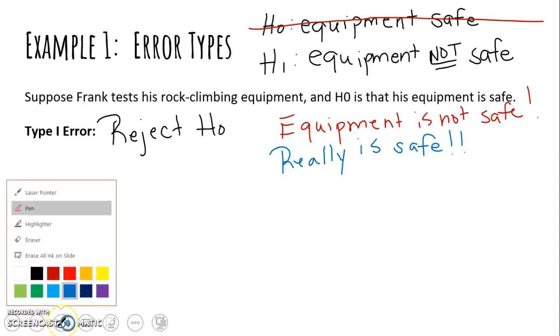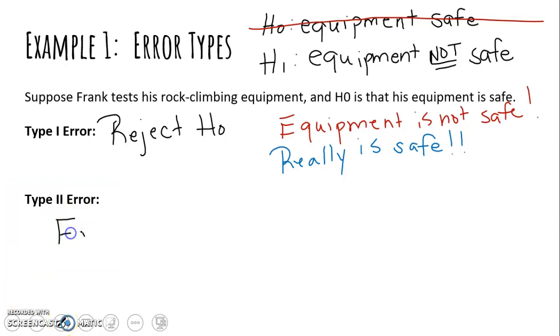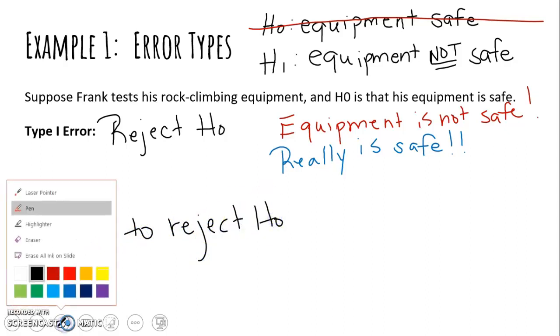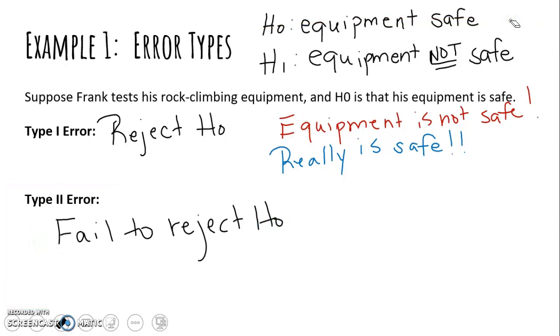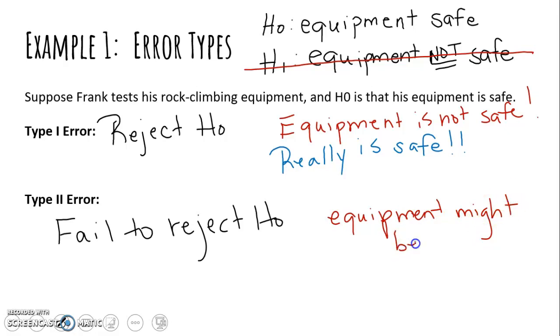A type 2 error happens when we fail to reject the null. So we did not reject the null. Instead, we don't have enough evidence to say that the equipment is not safe. So we fail to reject the null. So we are implying that the equipment might be safe.